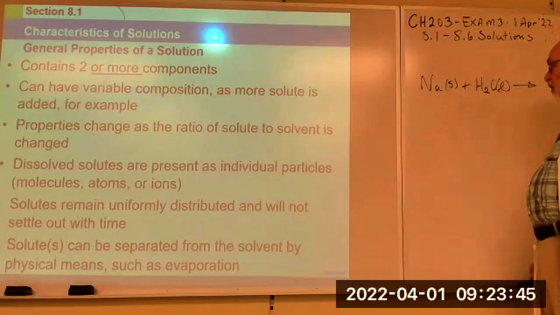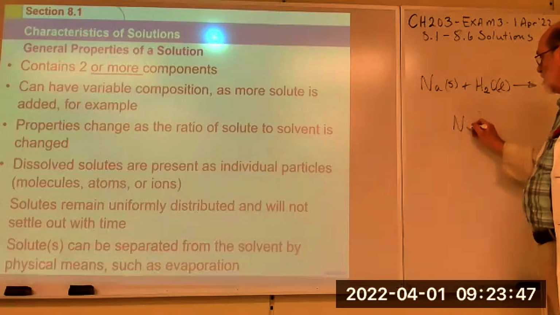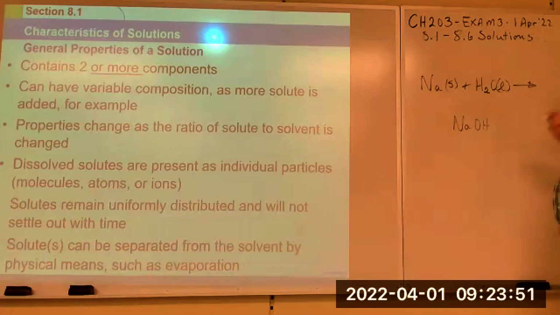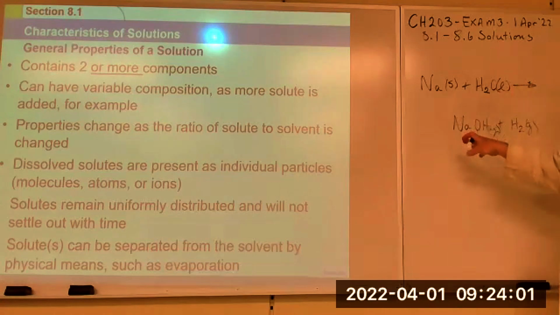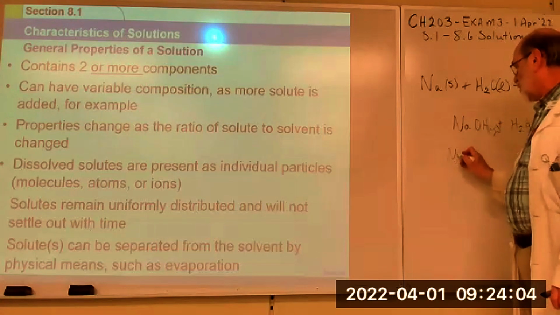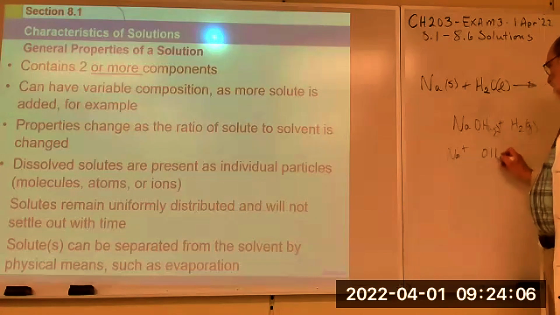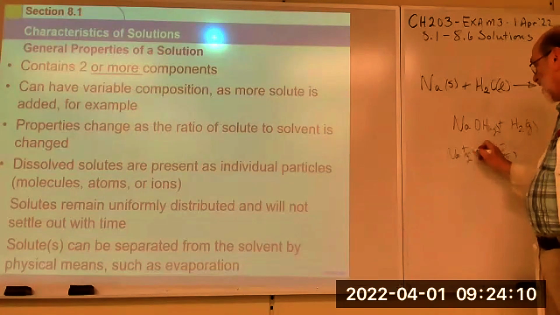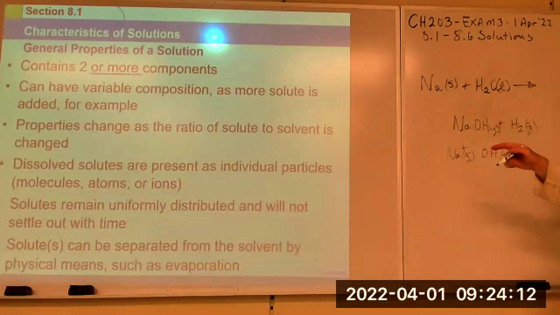And when it reacts with water, it produces sodium hydroxide plus hydrogen gas. So this is your solution. Sodium hydroxide is in solution, which means you have sodium ions and hydroxide ions, right? Because this is an ionic compound.